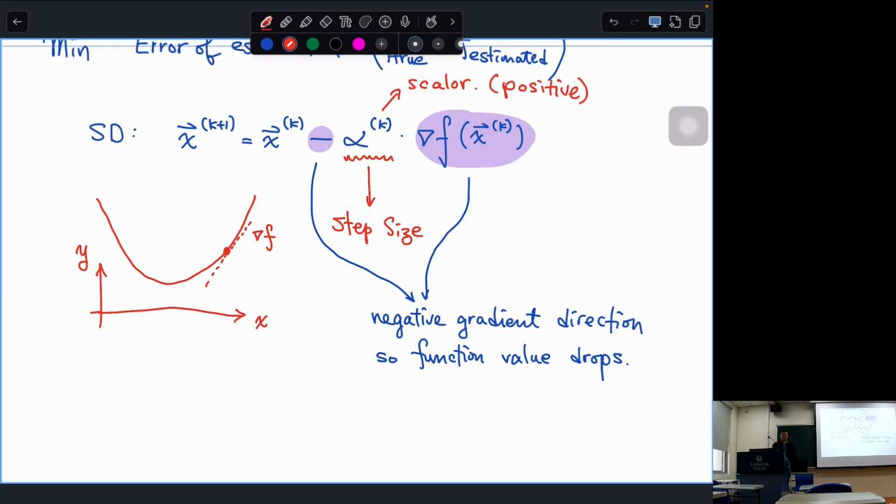If I have a negative alpha, that means I am not improving; I will be moving up. So in the future, in the exam, in your project, or anywhere, when you see a negative alpha, you did something wrong. You need to be sure of that. So the key is how to determine the step size.